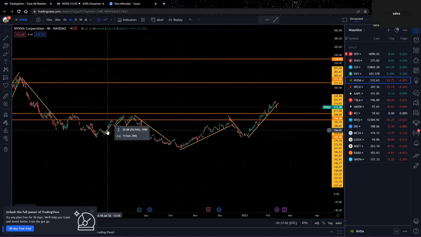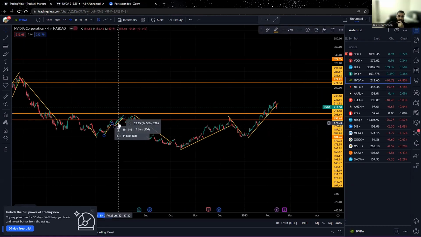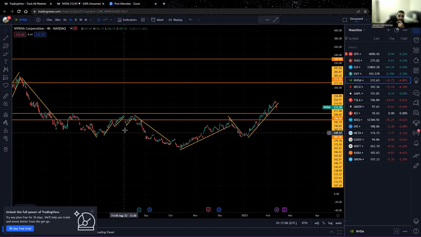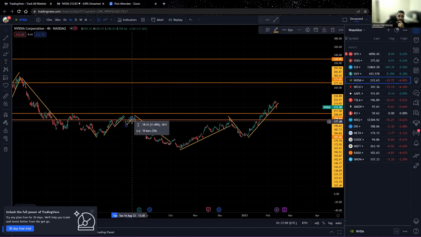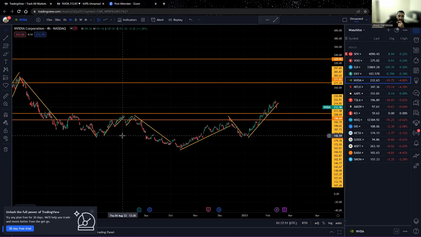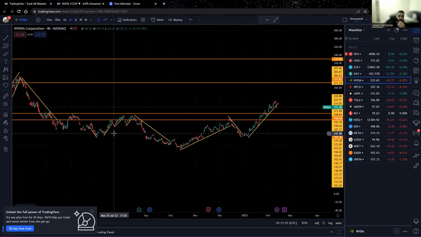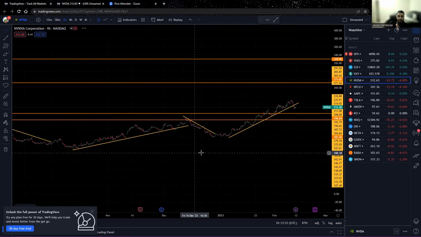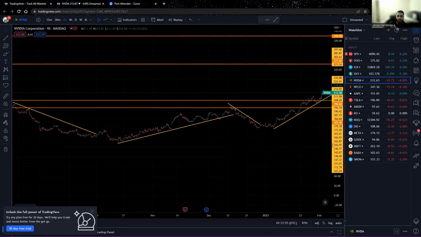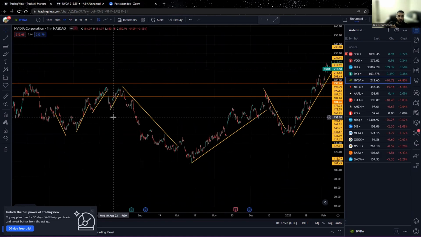If we see right here, this trend was 9 days, this trend was 10 days, and this trend was 7 or 8 days. You notice how the trends lasted a lot shorter. So when we identify smaller trends, we go on lower time frames, and on the lower time frames it looks very valid, right?